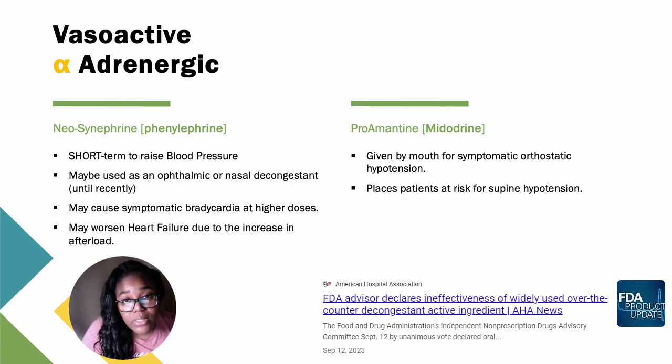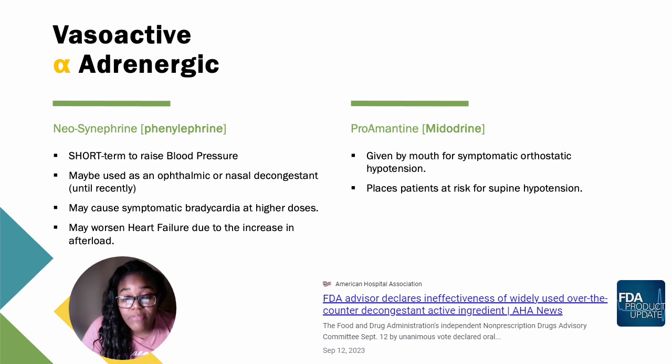Orthostatic hypotension is just the process where you change positions, whether it's sitting to standing, and your blood pressure drops, hence hypotension. Orthostatic is change in position, low blood pressure, hypotension. So you increase the risk by not giving it.